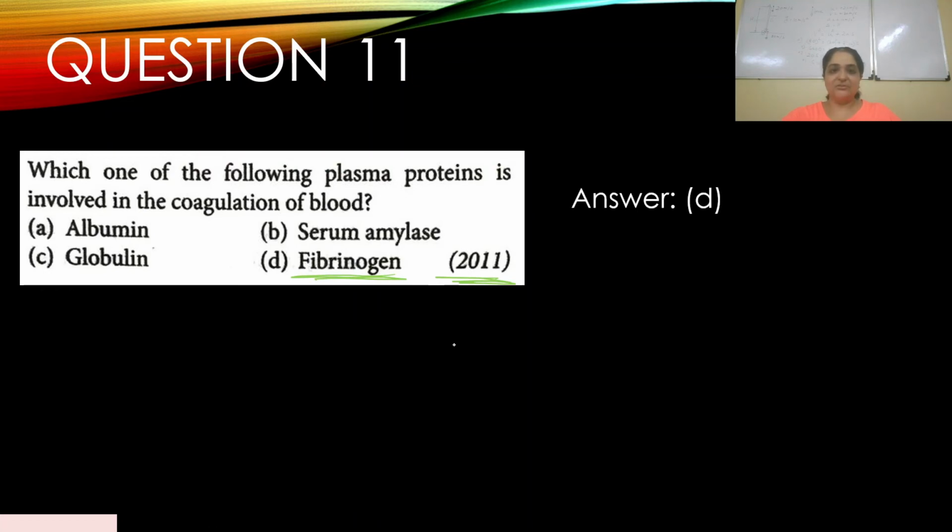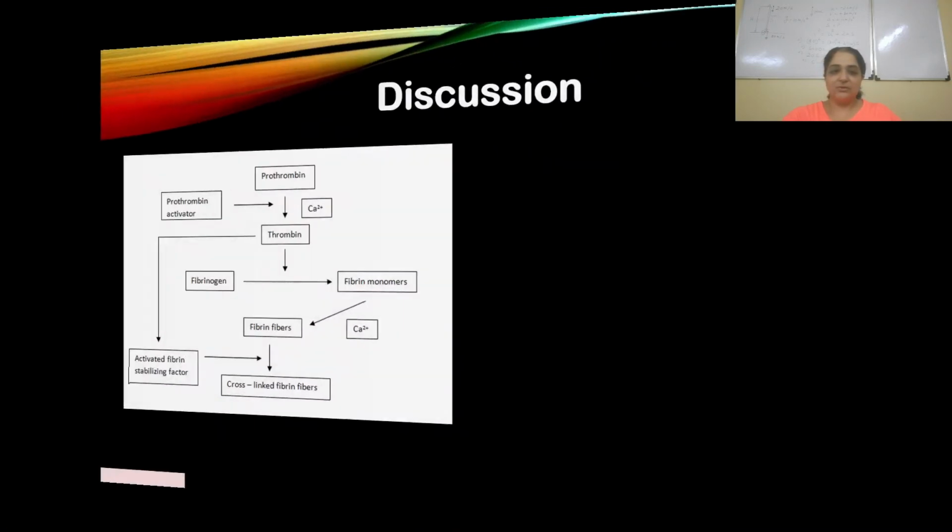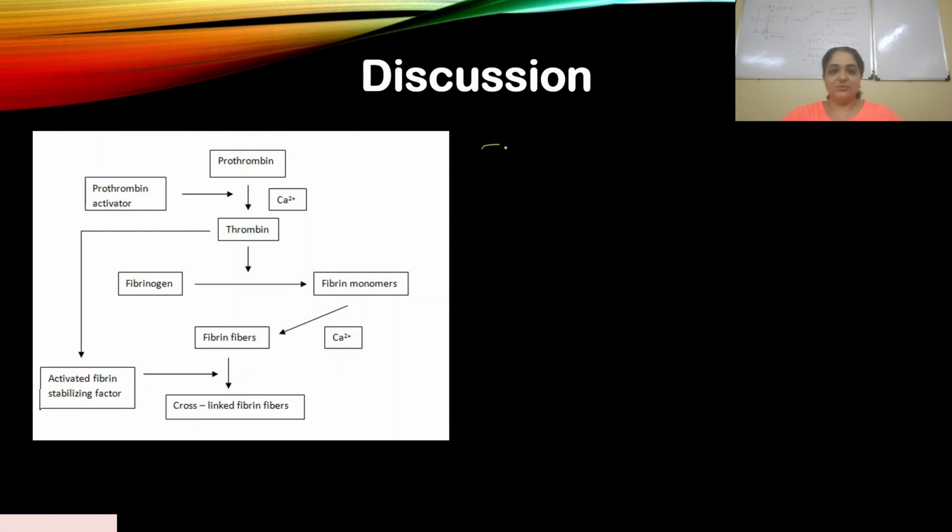Fibrinogen is a plasma protein involved in the coagulation of blood. Like I said, they form fibrin in the presence of thrombin. Let's look at this. You have this whole flow chart here.